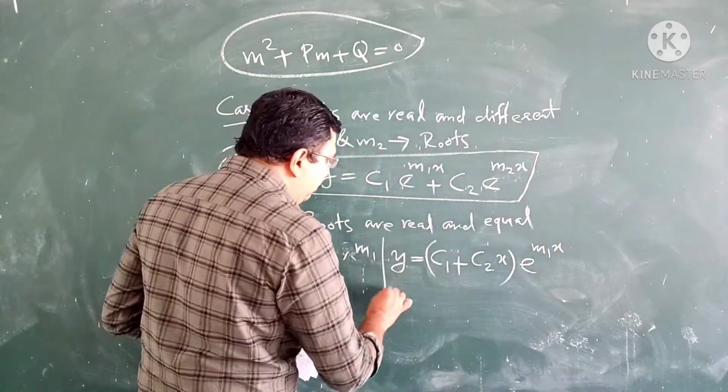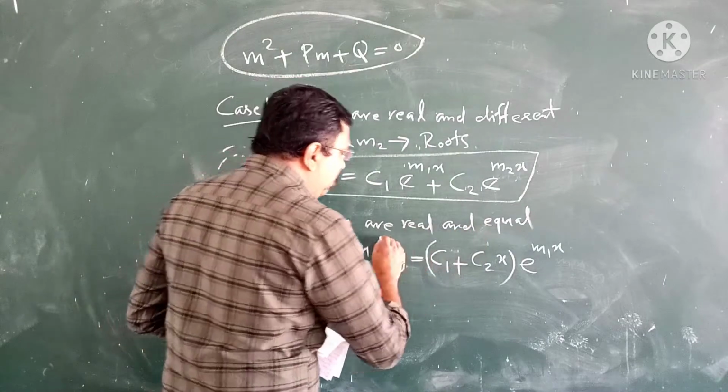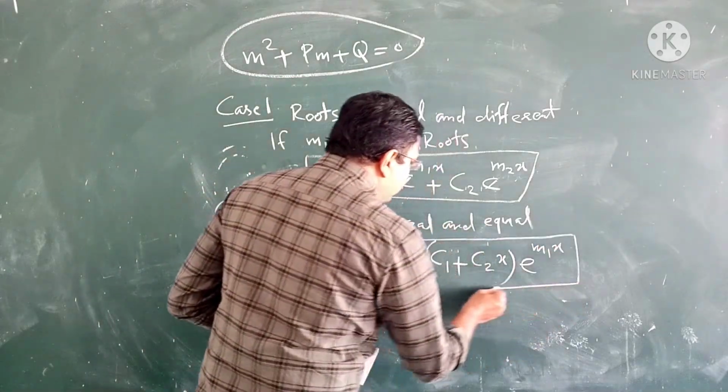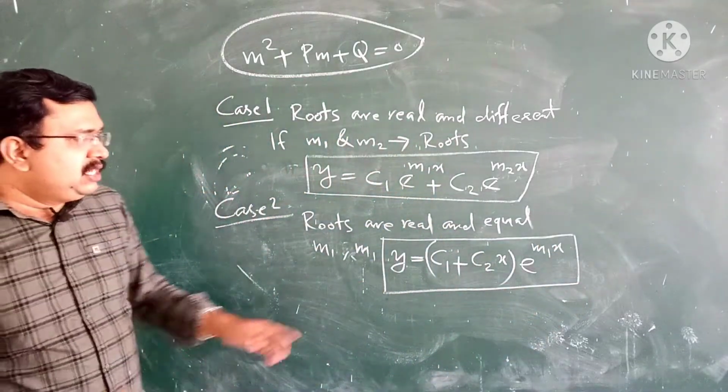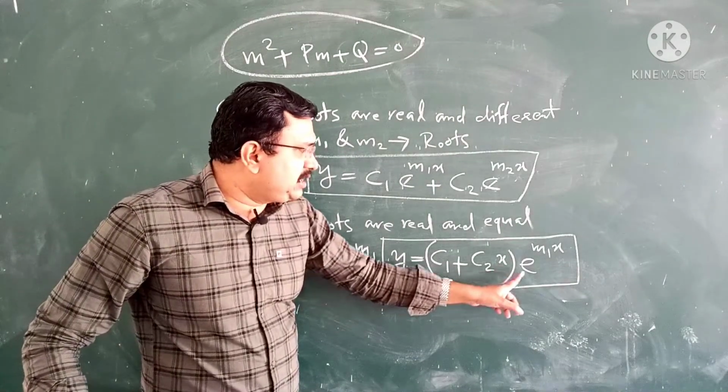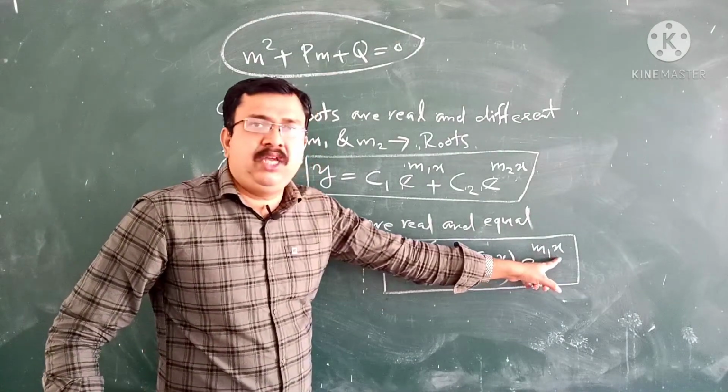Very, very important. When the roots are real and equal, the complementary function y is equal to C1 plus C2x into e raised to m1x.